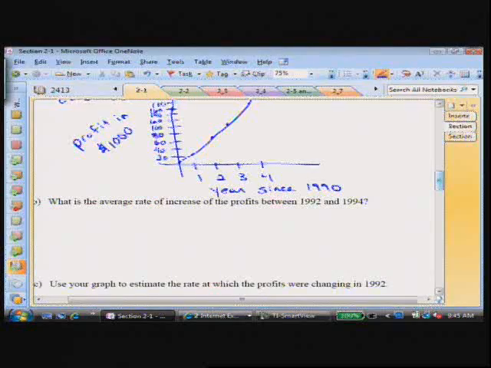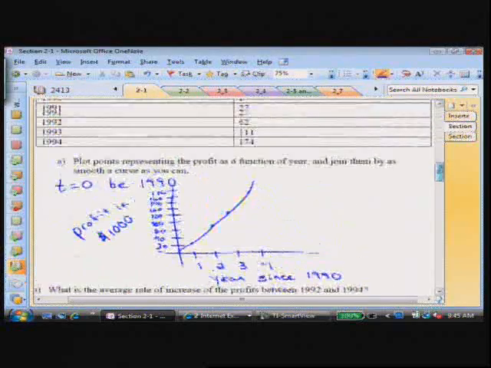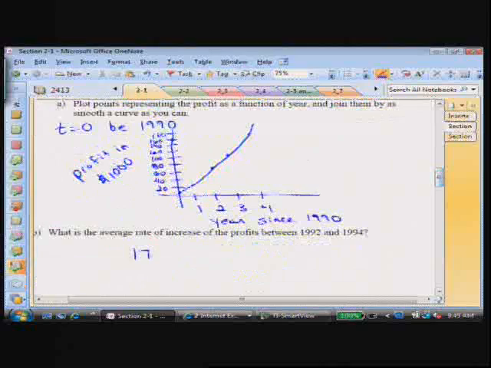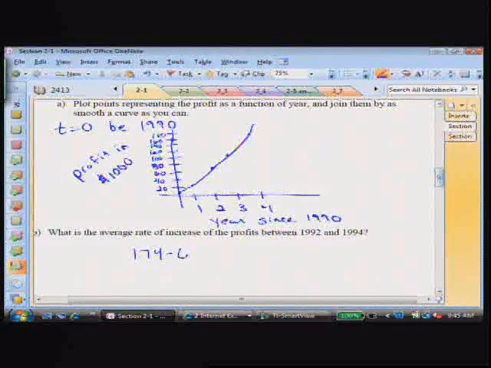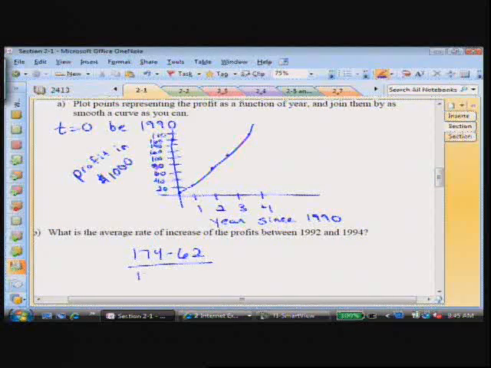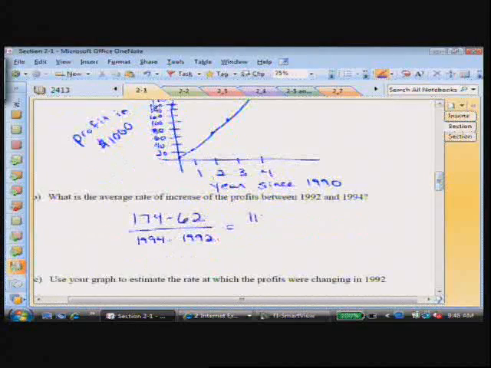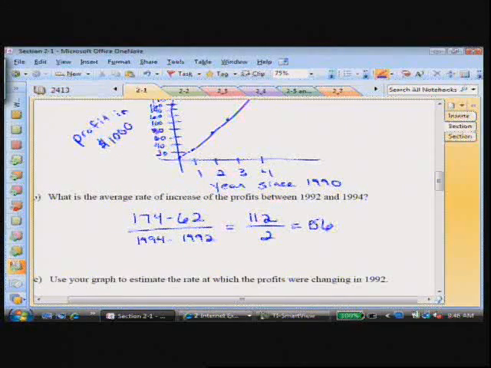And so that's going to be 174 minus, in 1992, it was 62, divided by 1994 minus 1992, which is 112 divided by 2, or 56. And so what this means in the context of the problem is that we have an increase of $56,000 per year.